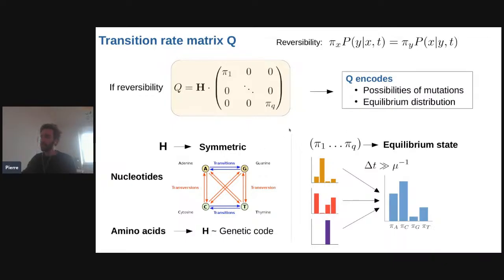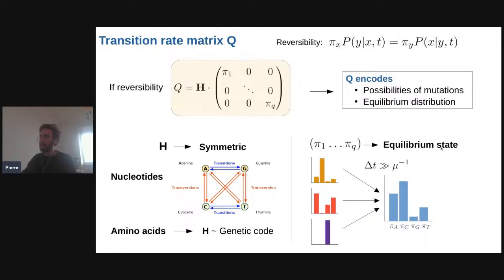And these two matrices have a very nice interpretation. So if you wanted to build these evolution matrices from scratch, maybe you could say that H is a symmetric thing. So you could put, I don't know, the different probabilities between transitions and transversions, or the genetic code. But more importantly is this pi matrix.